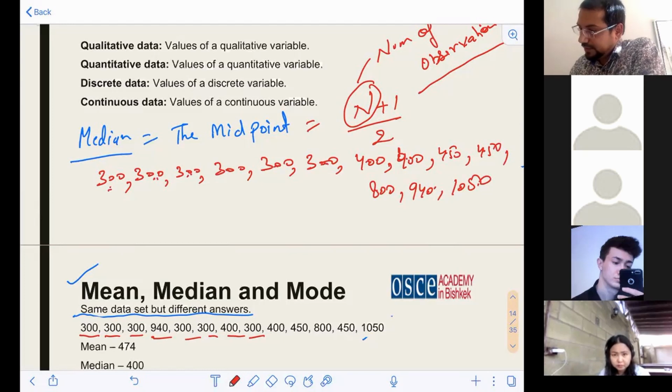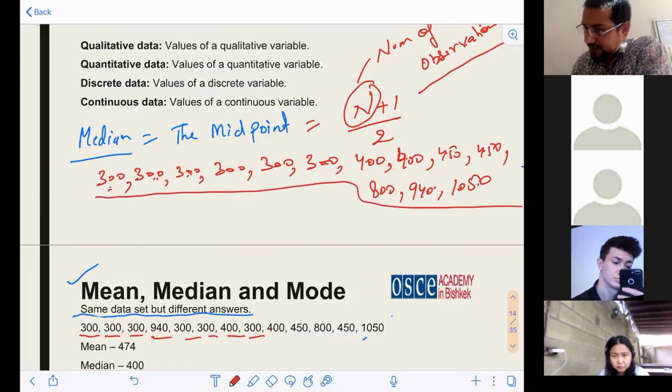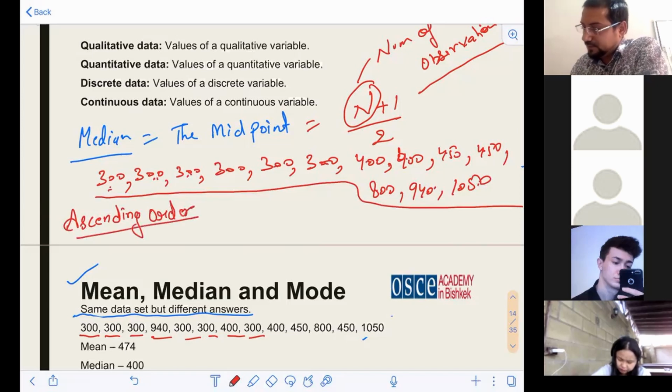Now what we do, we apply the formula. So now they are in ascending order. Our formula of median is n plus 1 divided by 2. So n is 13, total 13 plus 1 divided by 2.